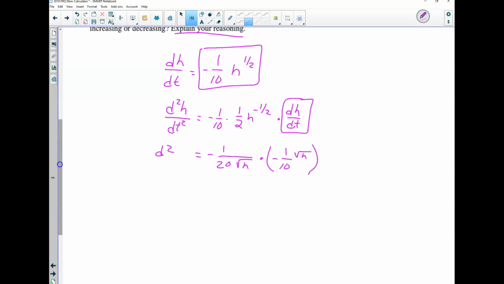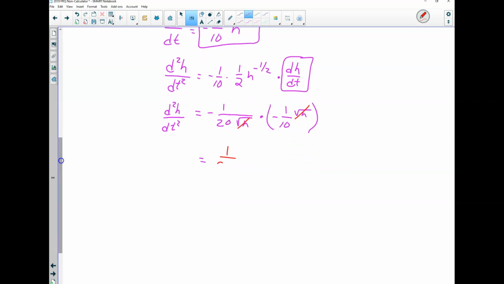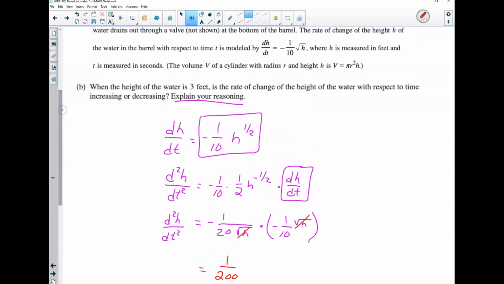This is what d squared h over dt squared is. And we're going to simplify that. Hopefully you see, well, that was kind of nice. My h is reduced right out. And what's negative 1 over 20 times negative 1 over 10? That is going to give me 1 over 200. And is it increasing or decreasing?